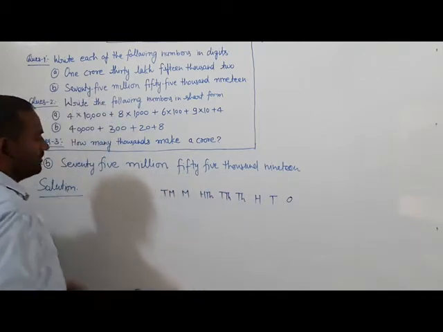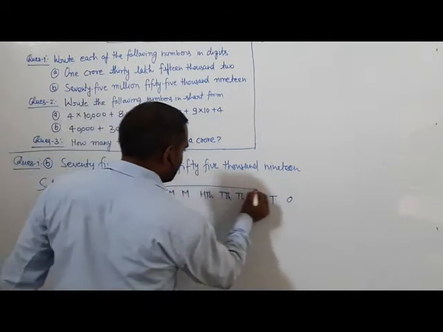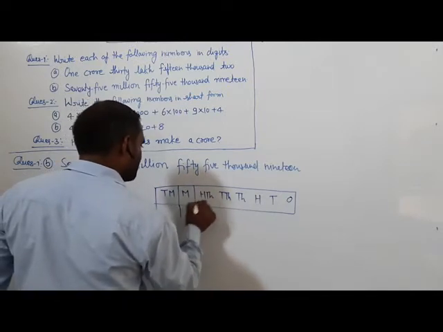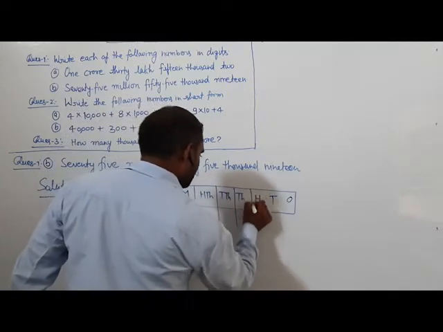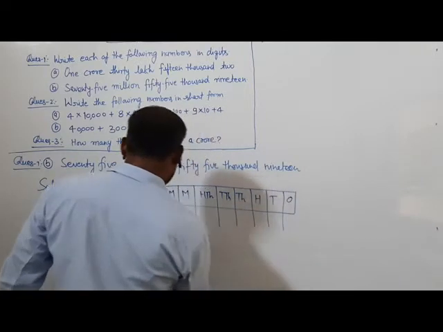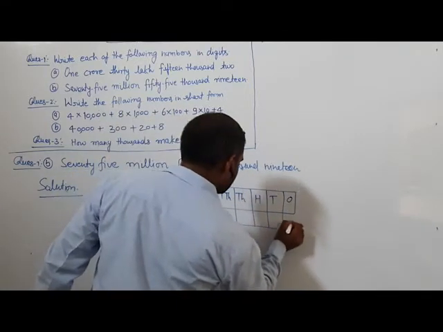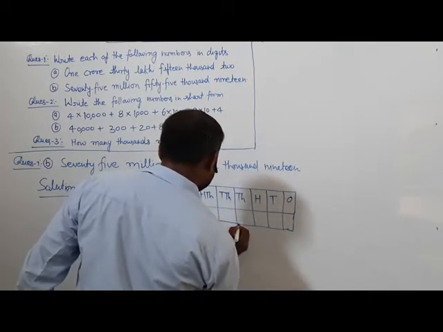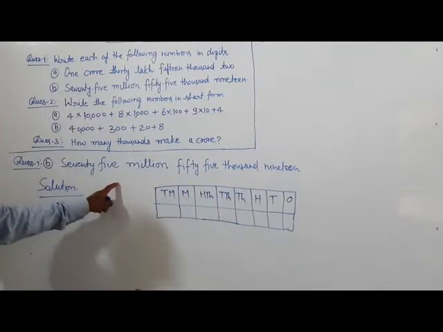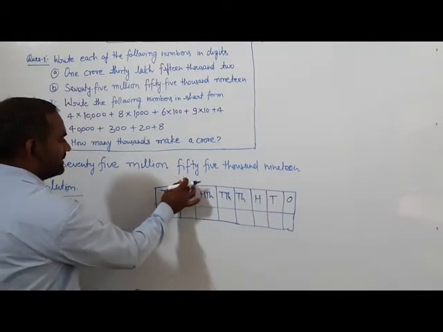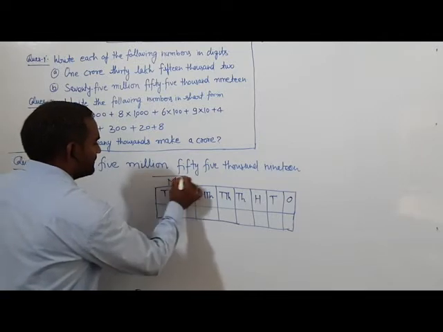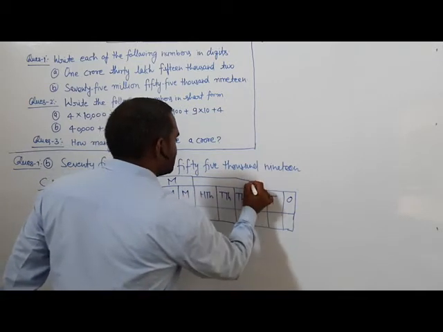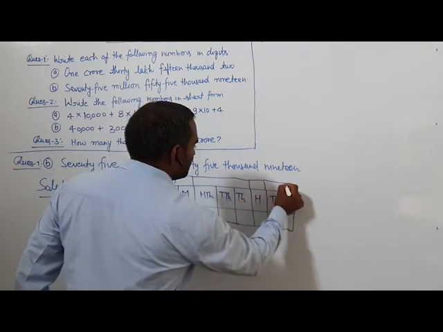So here you have to write up to 10 million. 75 million: 70 million is the place of million. This is the place of thousand. This is the place of hundred, and ones, tens.